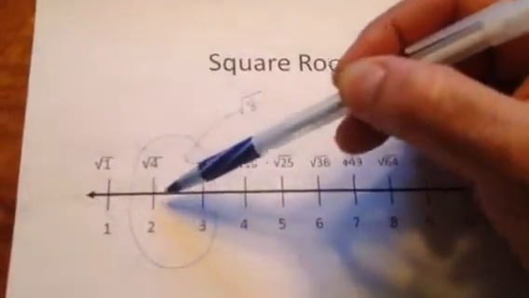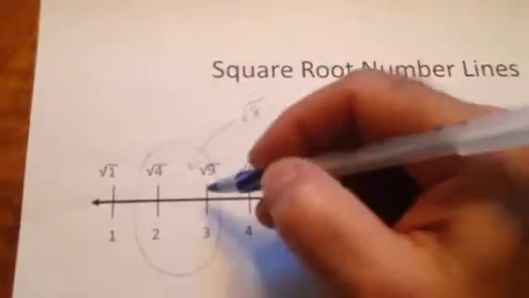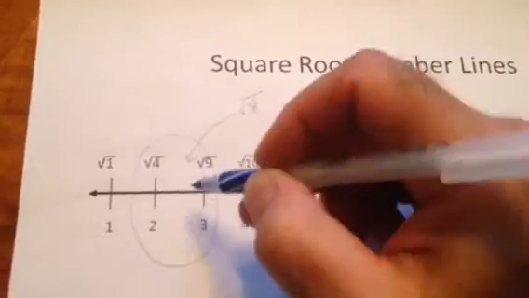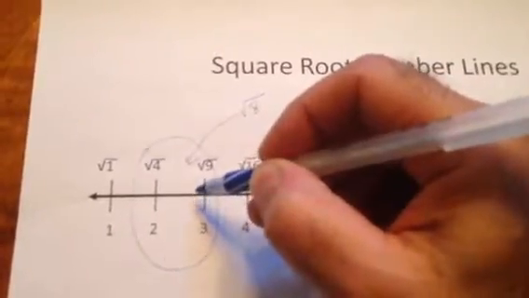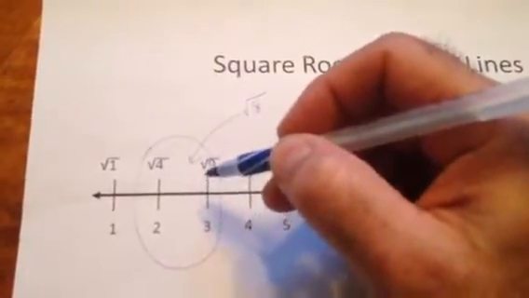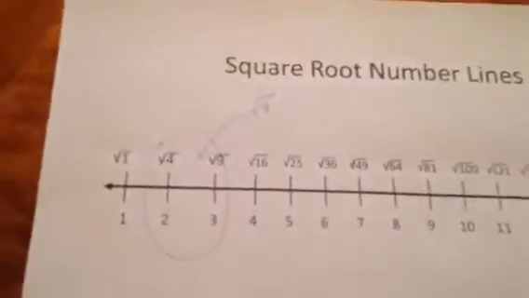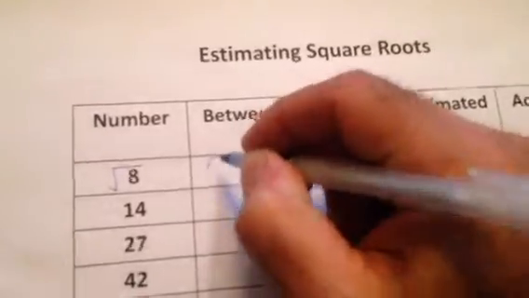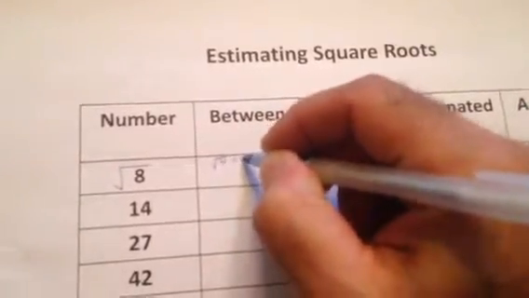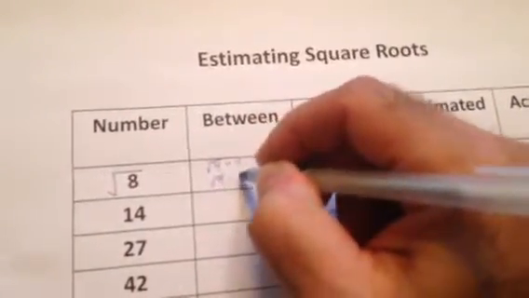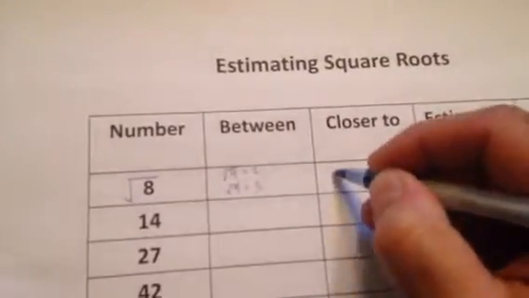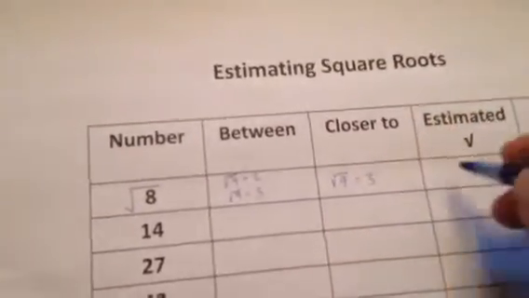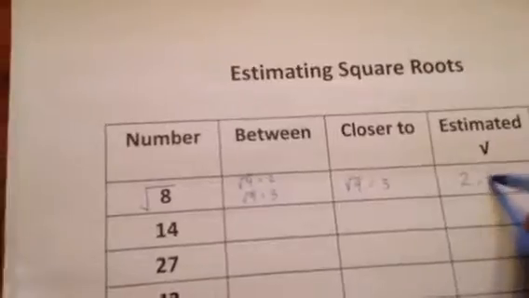In other words, it's between 2 and 3, but it's closer to 3. If I had to take a guess, it would be 2 point something high, like 2.9. So in my chart, it's between the square root of 4, which equals 2, and the square root of 9, which equals 3, but it's closer to 3. So I estimate 2.9.